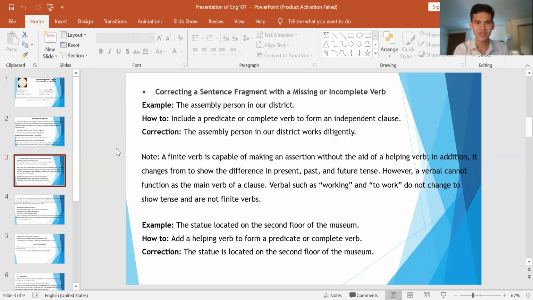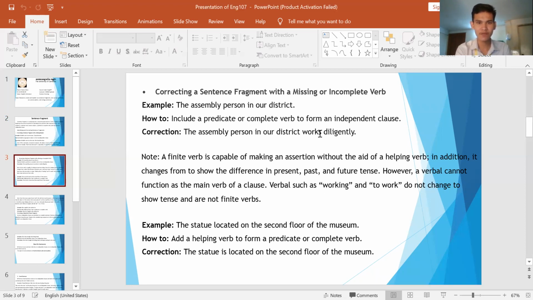We have only a subject. So you need to add a verb to form an independent clause. Include a predicate or complete verb. Correction: The assembly person in our district works diligently.